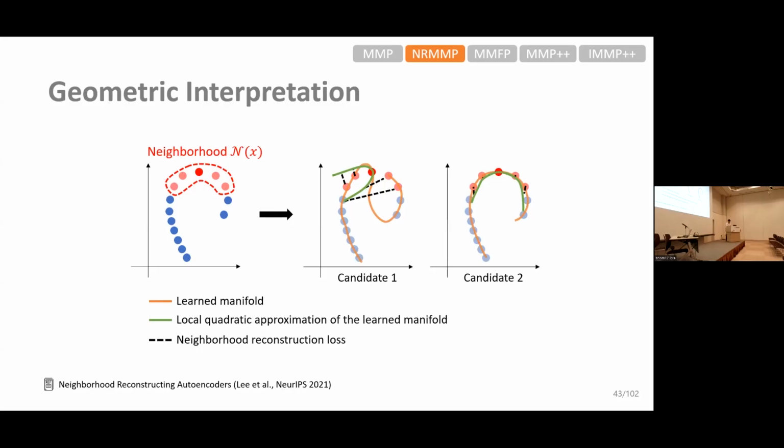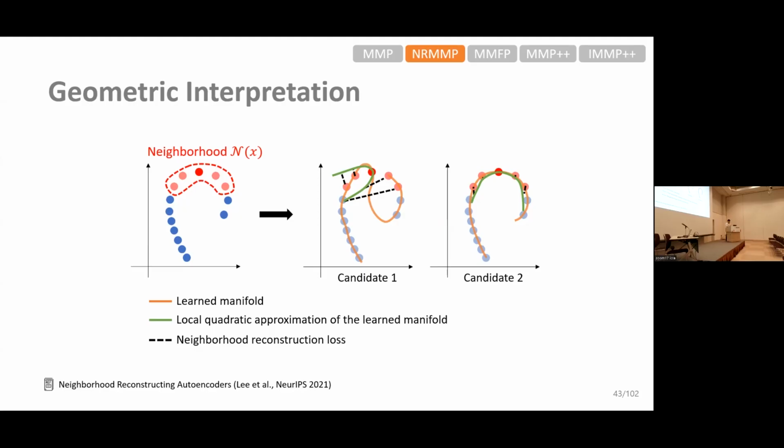To understand its meaning better, I'll provide a geometric interpretation of the neighborhood reconstruction loss. For a neighborhood set N of x, on the right, you can see two orange curves, which are two candidate manifolds, as I showed earlier. And green curves represent local quadratic approximation of the manifolds at a point x. If we use linear approximation, then you can just think of it as a tangent space at those points.